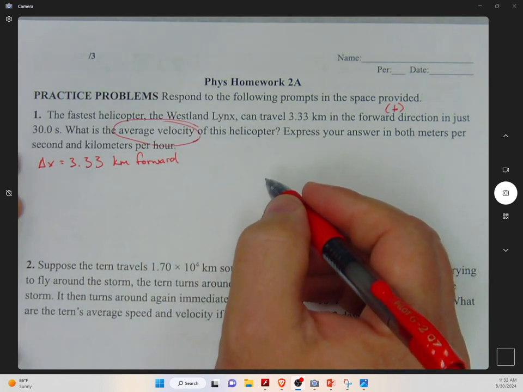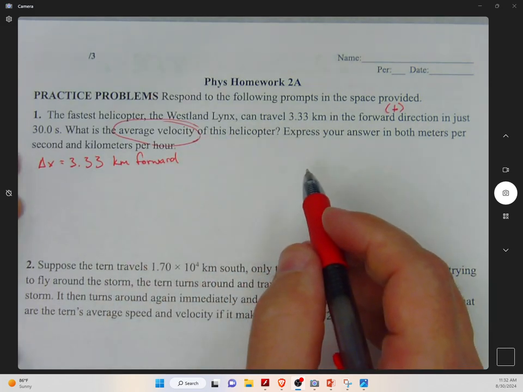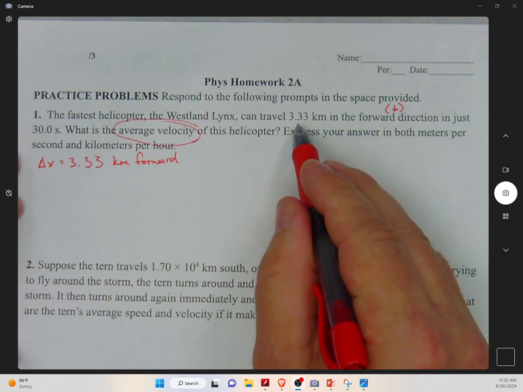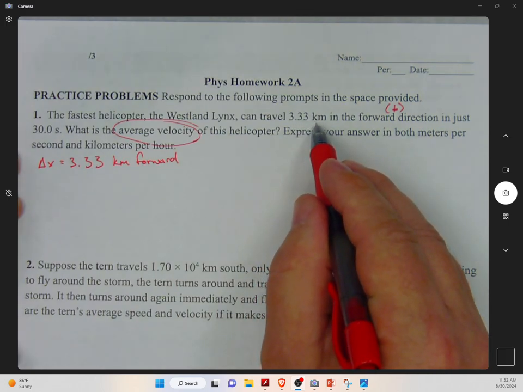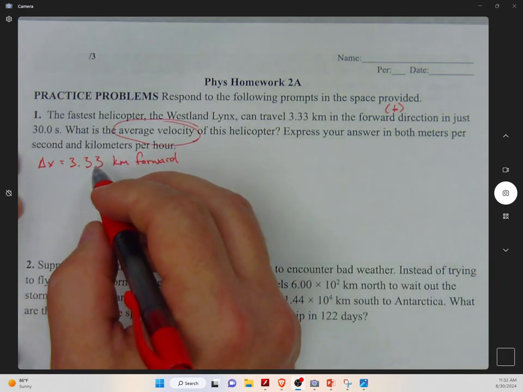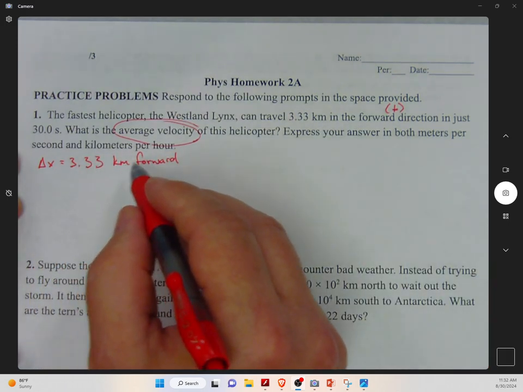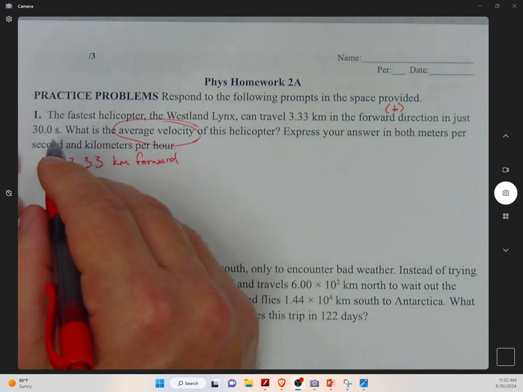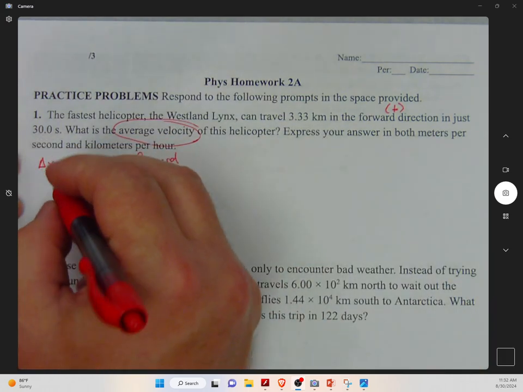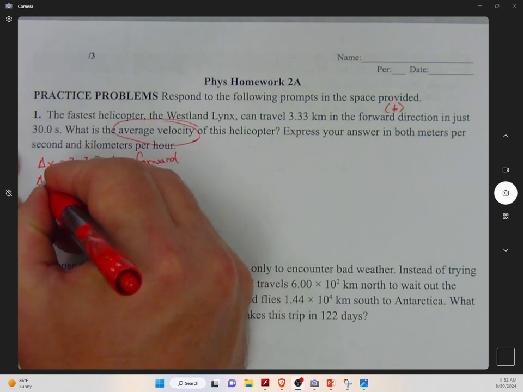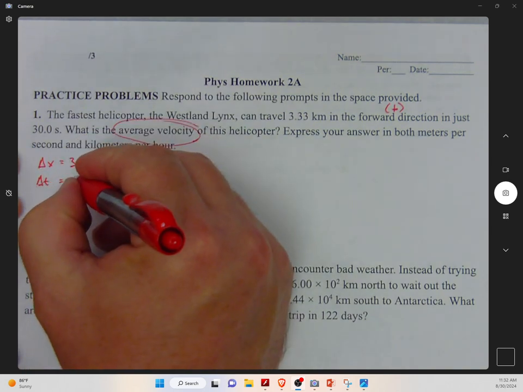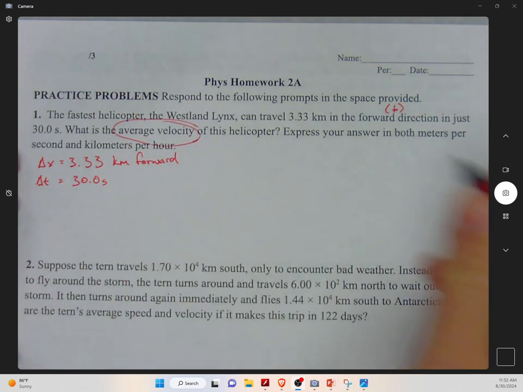You know that the delta x is going to be 3.33 kilometers in the forward direction. And that happens in 30 seconds. So my delta t is going to be 30 seconds.